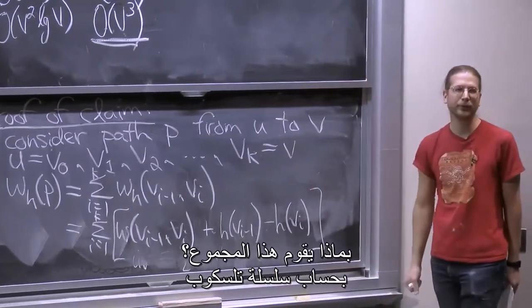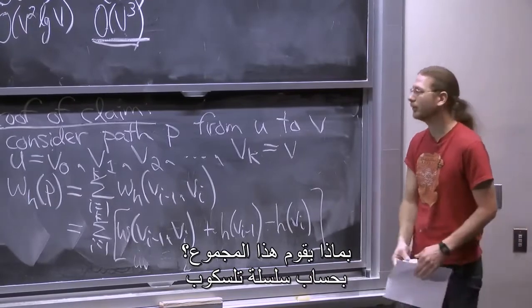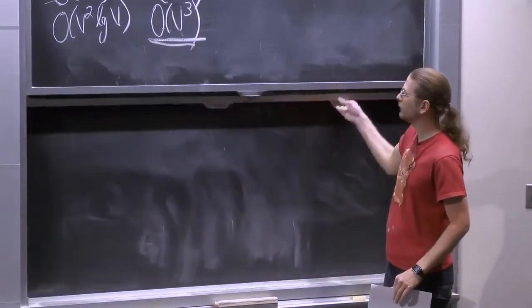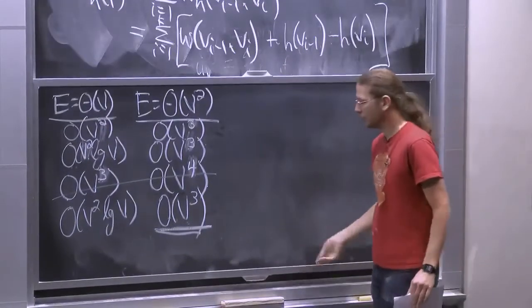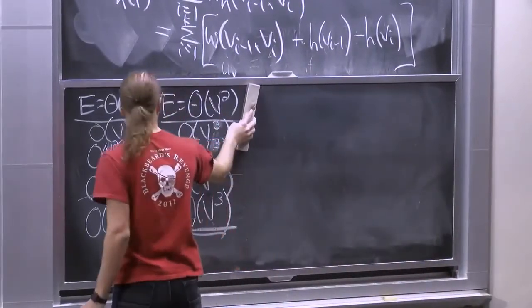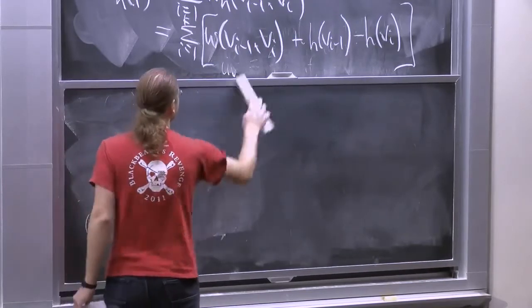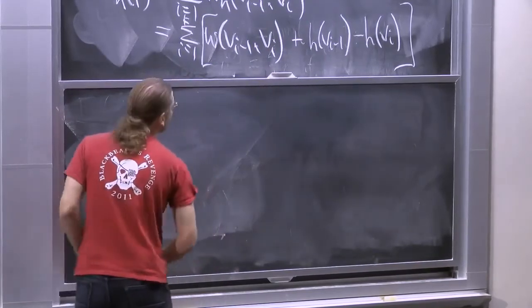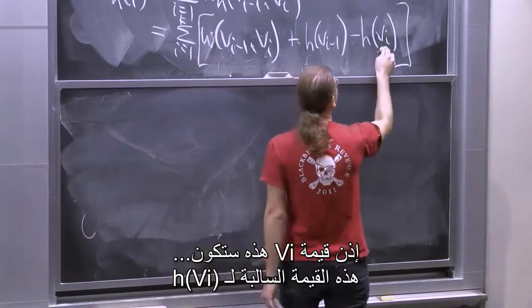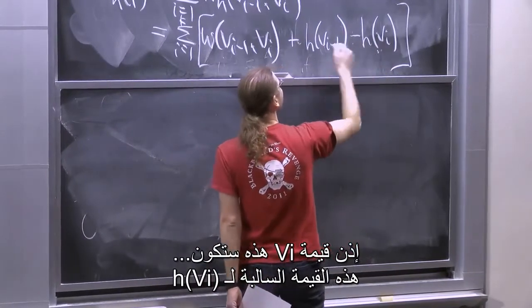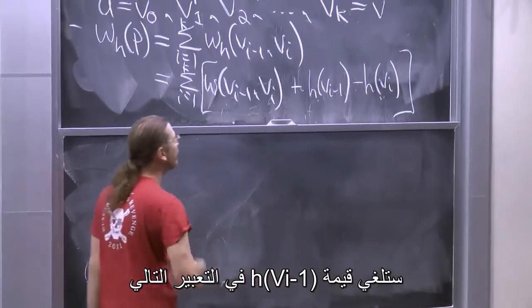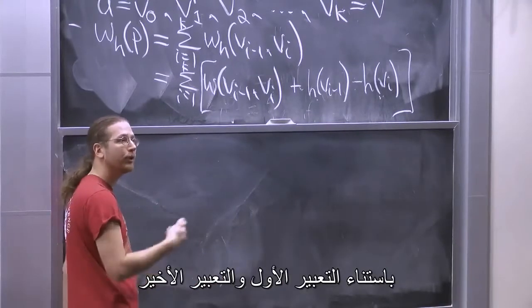What does this sum do? Telescope. So this negative h of v_i is going to cancel with the plus h of v_{i-1} in the next term, except for the very first one and the very last one.